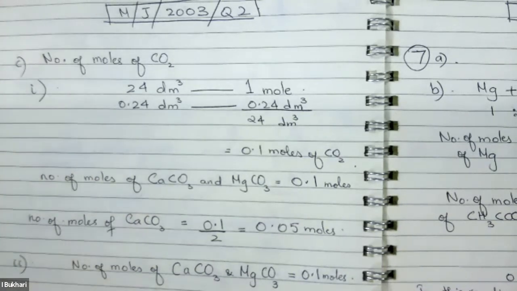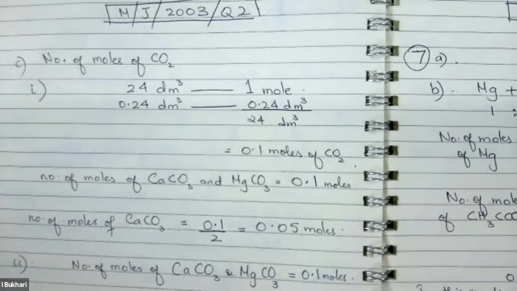Now part 1 is asking us to calculate how many moles of calcium carbonate there are in 1 tablet. Miss, can you repeat what you told about the carbon dioxide? The total volume of carbon dioxide that they have mentioned in the question, 0.24 dm³, is the total carbon dioxide from both the reactions, one with calcium carbonate and the other from magnesium carbonate.